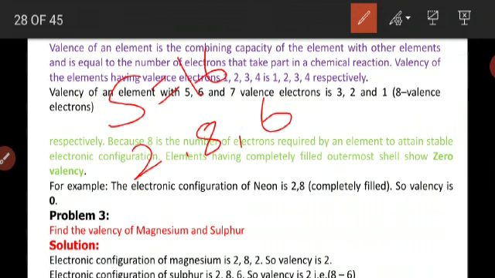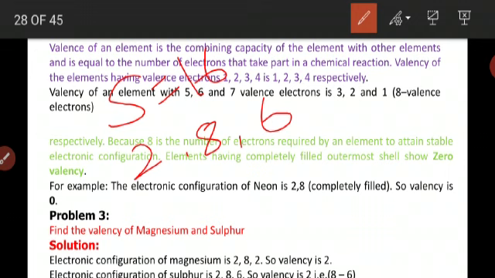The outermost electron count is the valency, I told you, but another rule I taught. Above 4, that is 5, 6, 7, if the outermost shell has that many electrons, we subtract from 8.